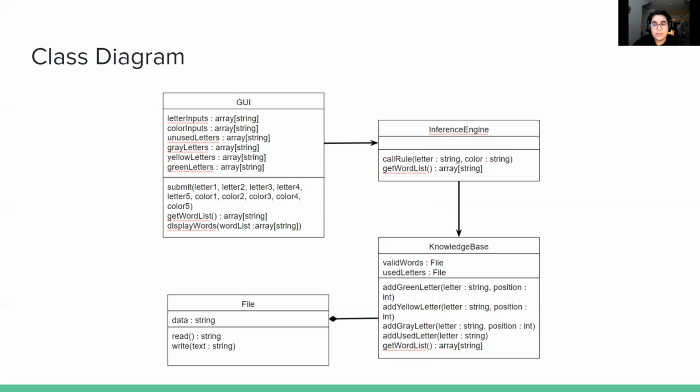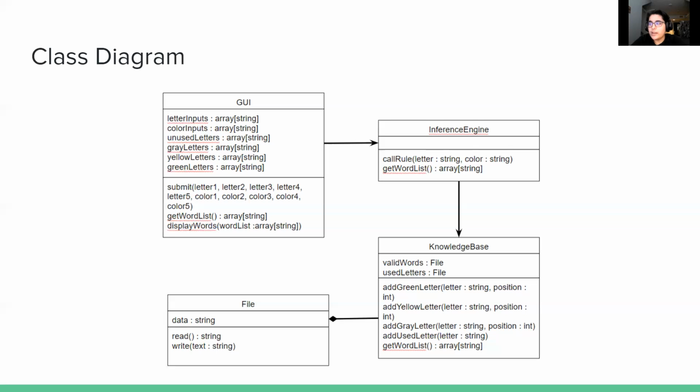And you also have the functions of submit, word list, and display word list. That goes into the inference engine, the submit letters one. And based off of the letter and color, it is then going to call the appropriate rule based off of the color. And get word list is simply just a fact, which will retrieve your word list from the knowledge base.